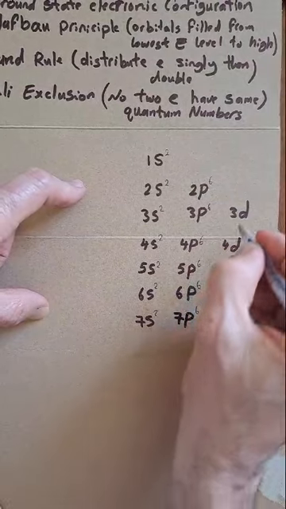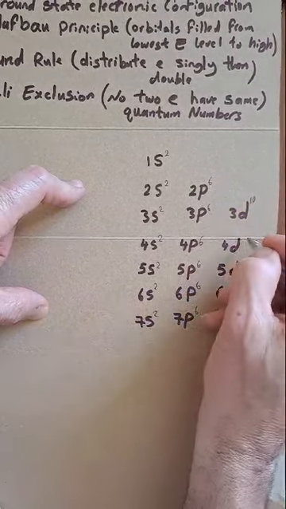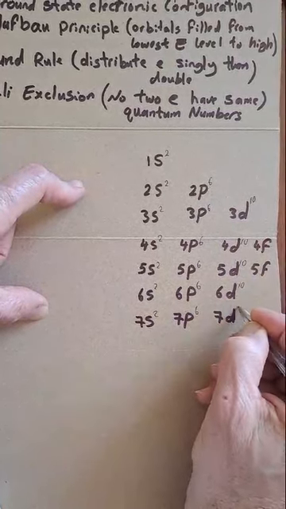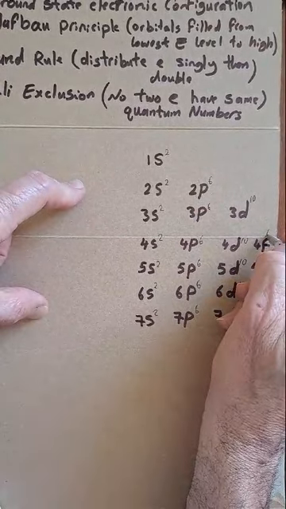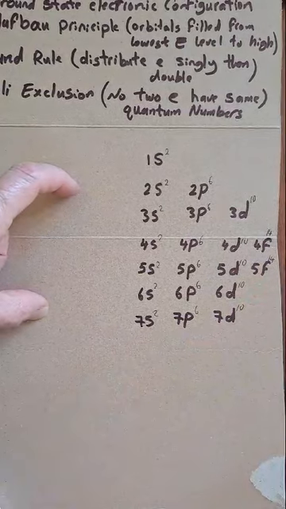And every d orbital can take up to 10 electrons. And the f orbital can take a maximum of 14 electrons.